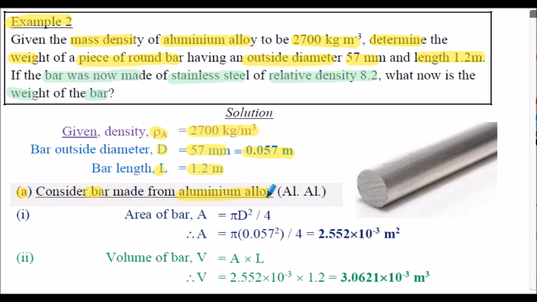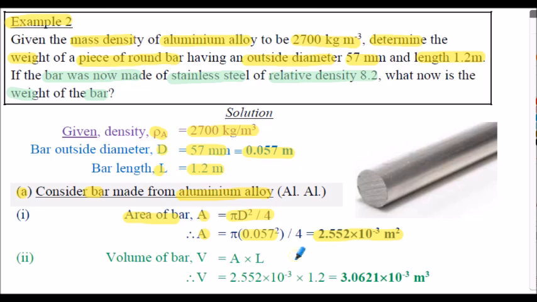First thing we're going to do is calculate the area and then the volume. So the cross-sectional area of the bar, A, is pi d squared upon 4. We're given in the question the diameter in terms of meters here. So that evaluates to a cross-sectional area of 2.552 times 10 to the negative 3 meters squared.